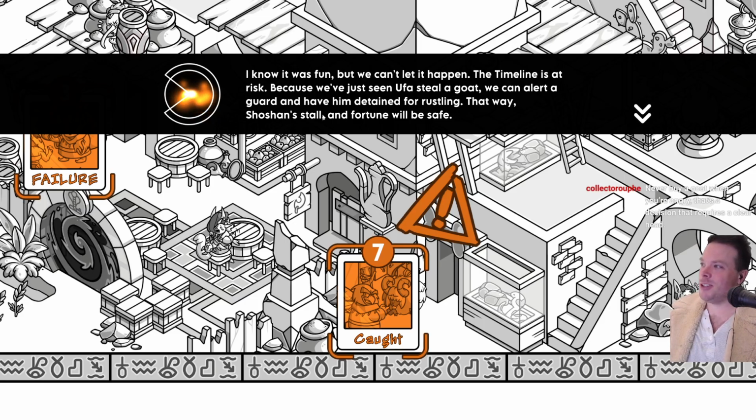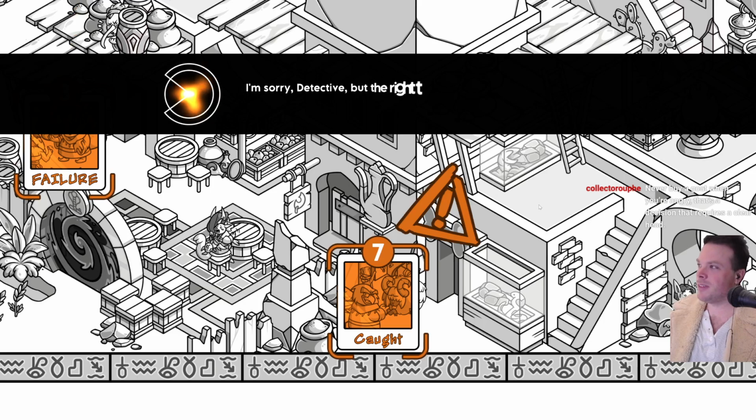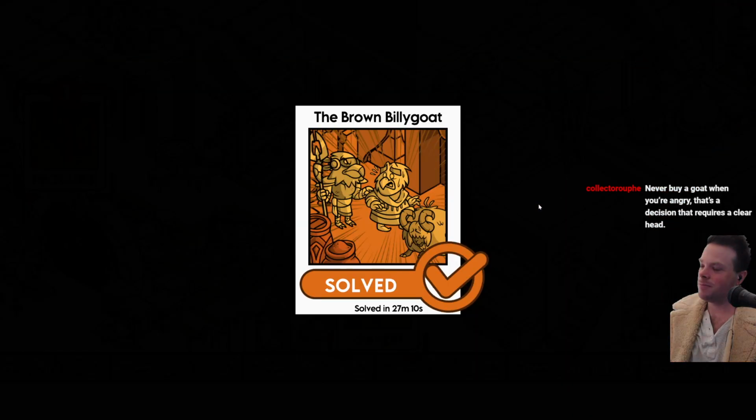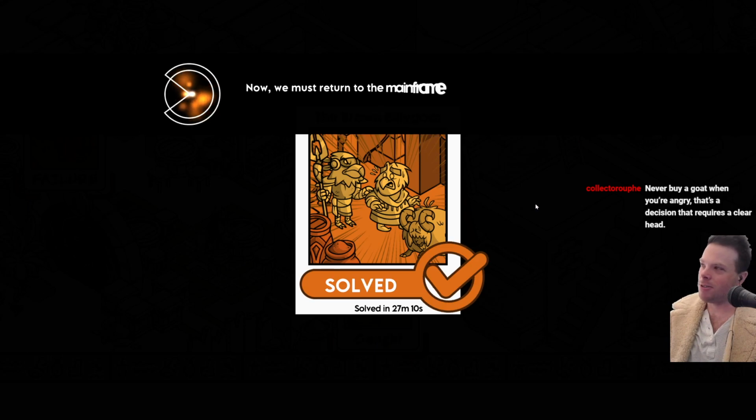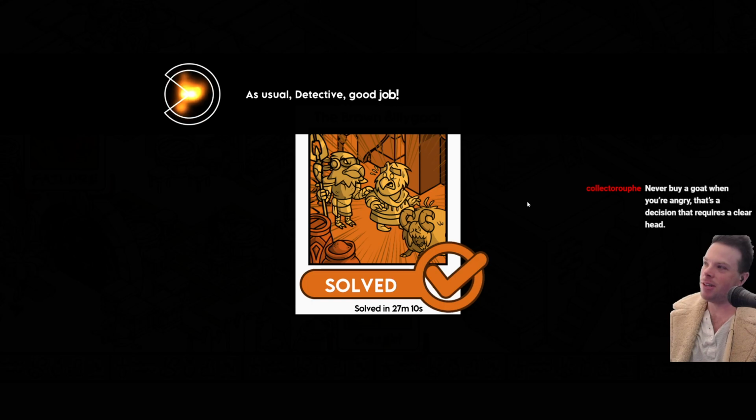That way, Shoshan's stall, a fortune and fortune will be safe. I'm sorry, detective, but the right thing to do isn't always the easiest one. The brown billy goat. Solved. Now we must return to the mainframe and see if we can collect more data.